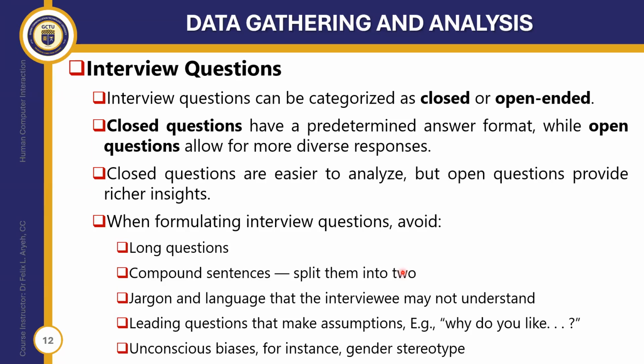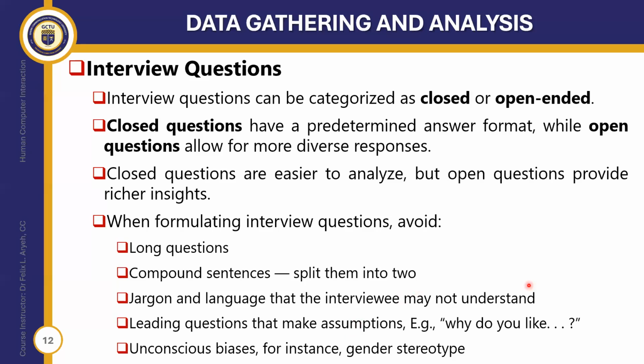Don't formulate your questions around jargon and complex language, and stop using misleading questions. Avoid questions that suggest a preferred answer or assume certain information. It's not the best of ways when you have leading questions. So always opt for neutral phrasing to elicit unbiased responses.